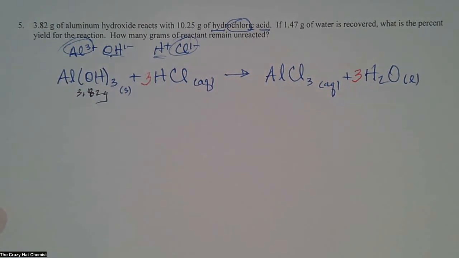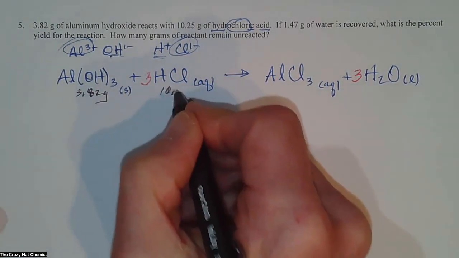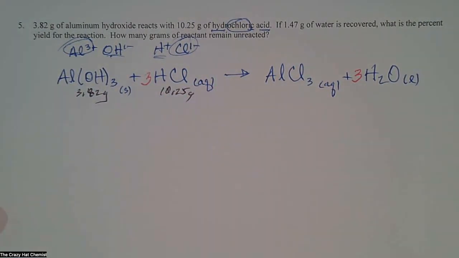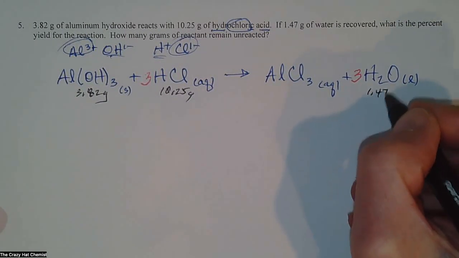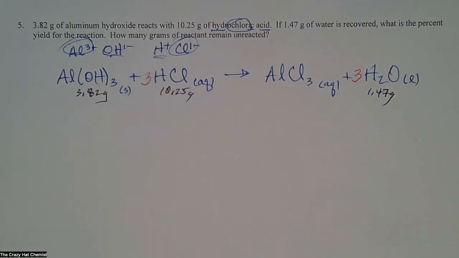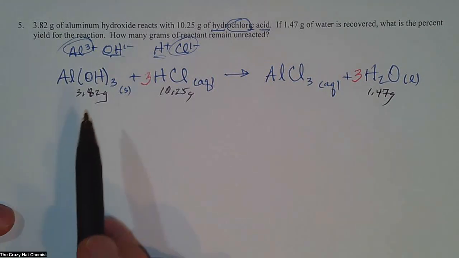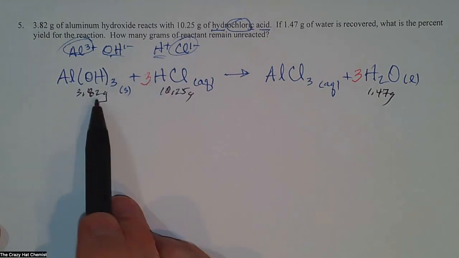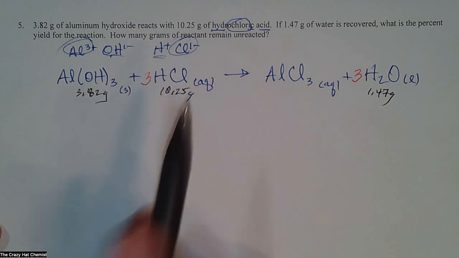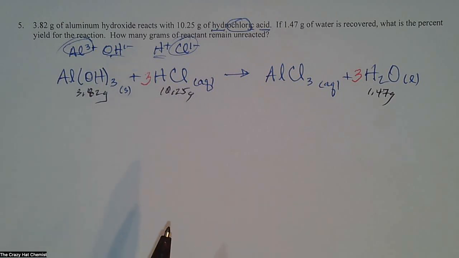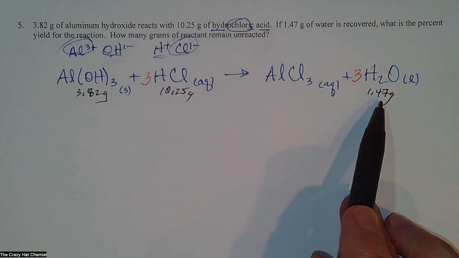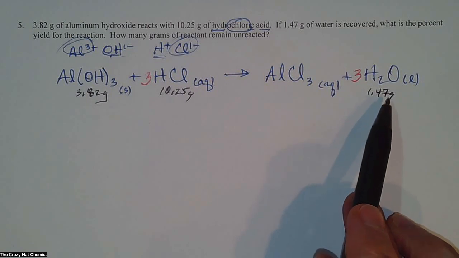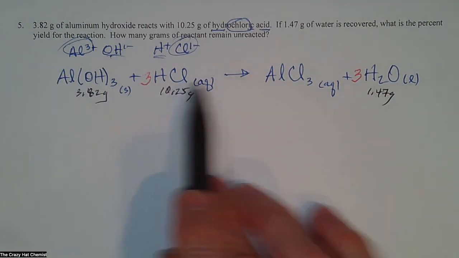3.82 grams, and then 10.25 grams, and then 1.47 grams. Okay, so you should see that on this problem, like the last problem, when I have numbers for both reactants, it's a limiting reagent problem. When I have a number for a product, that is the product that I'm going to take both of these to.